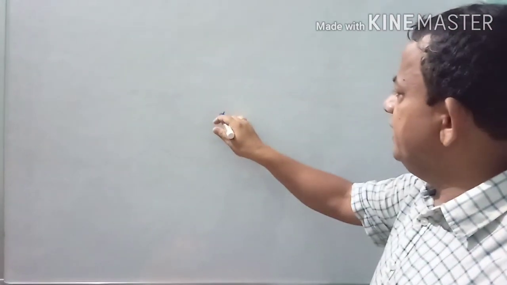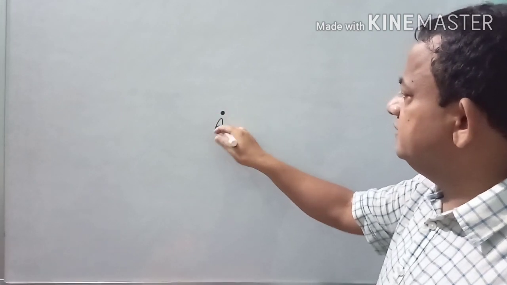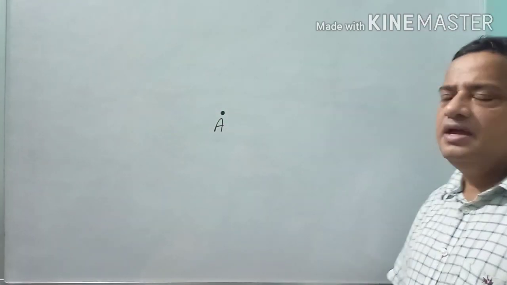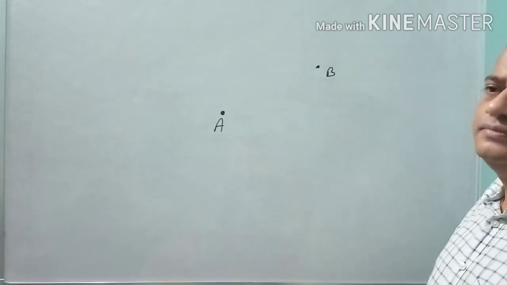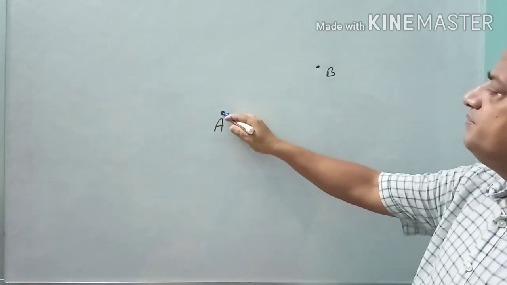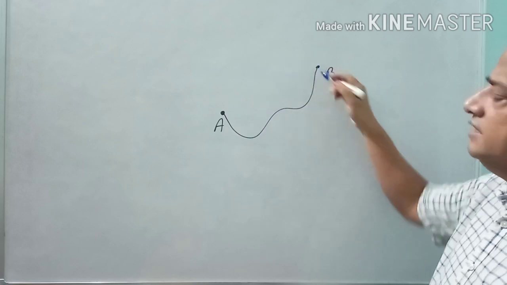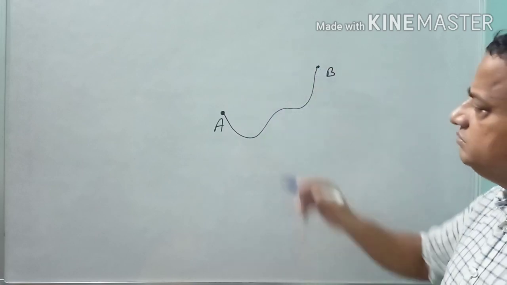Actual length of the path. Suppose here is a point A, here is a point B. One moves in different ways. This is a path.